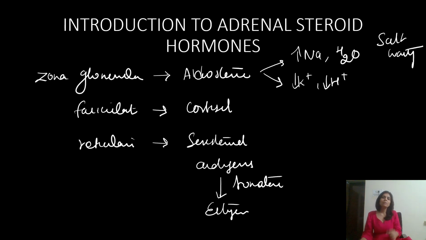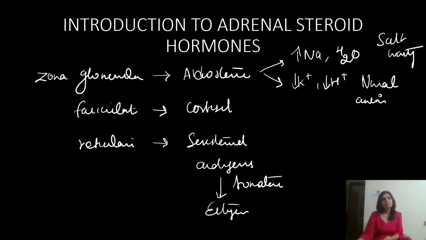So if you call a particular congenital adrenal hyperplasia a salt wasting form, it means it's because of decreased aldosterone synthesis. In a salt wasting form, what you would expect is hyponatremia, hypotension, hyperkalemia, and because H plus is not getting secreted and accumulates within the circulation, it presents as normal anion gap metabolic acidosis.